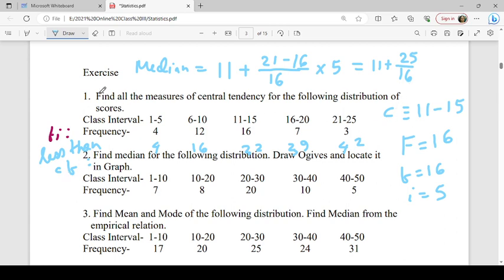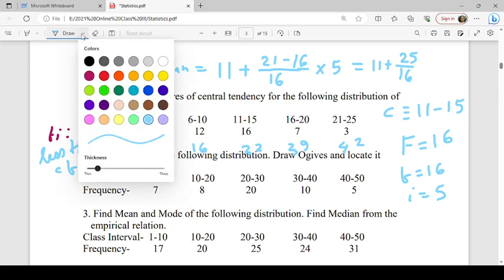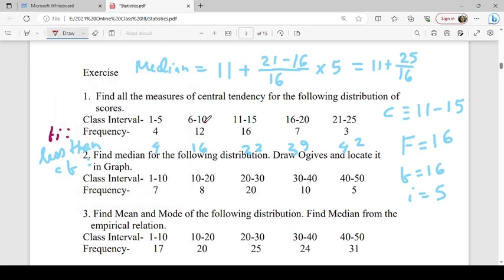And for mode, we take the maximum frequency. Here C is the class with maximum frequency 16, so it is 11 to 15.